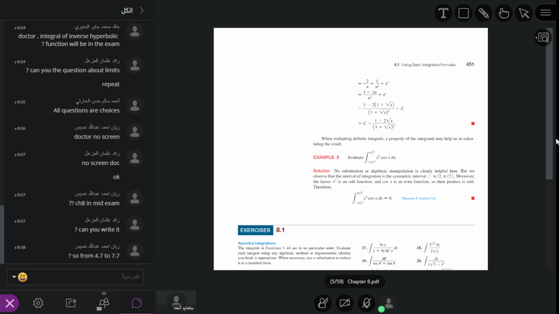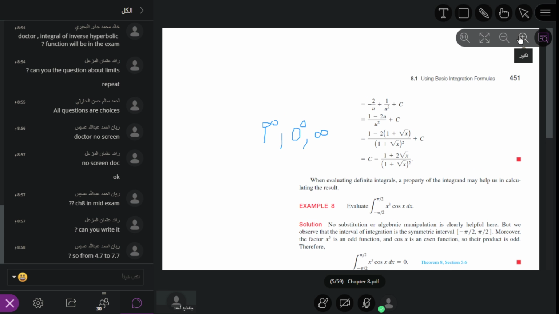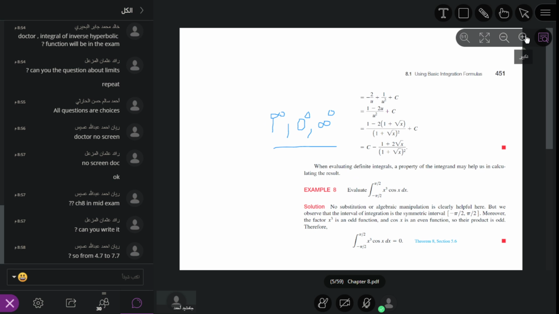Whenever we have a limit, if we get 1 power infinity, 0 power 0, or infinity power 0, how can we solve this? We do the 6 different steps. What are the steps? First step, we suppose that y is equal to f of x power g of x.